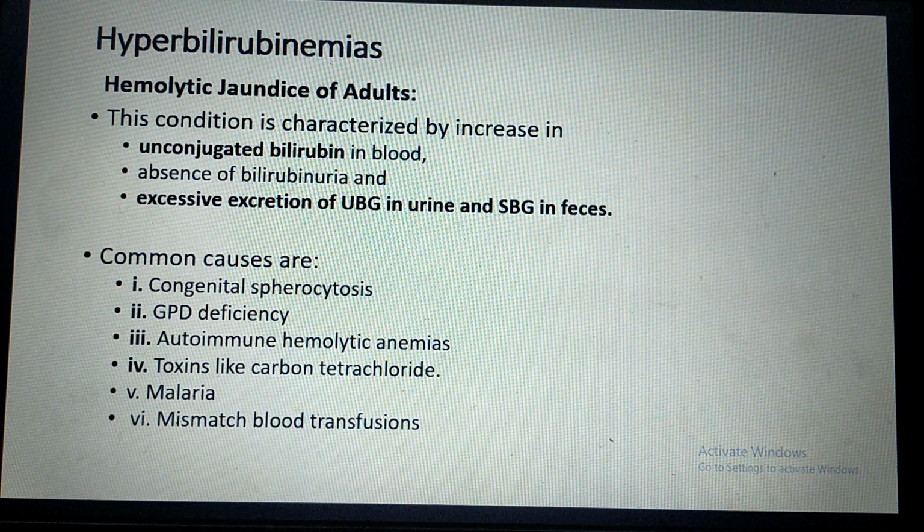Next cause is malaria. Malaria, all of us know, malarial parasite multiplies inside the RBCs, and after multiplication it breaks that RBC and comes out, leading to hemolysis. Mismatched blood transfusion. Due to antigen antibody reaction, hemolysis of RBCs is seen. You can also add sickle cell disease in this list.